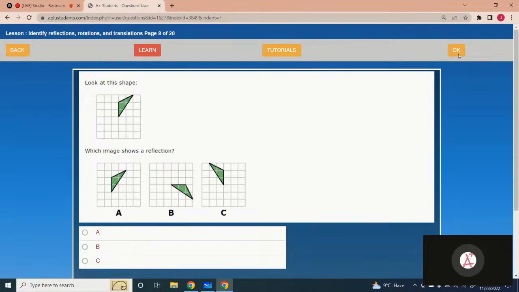Okay, look at this shape. Which of them is the reflection? B is the reflection.